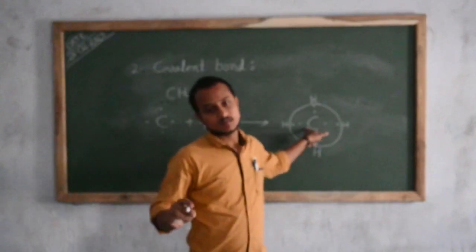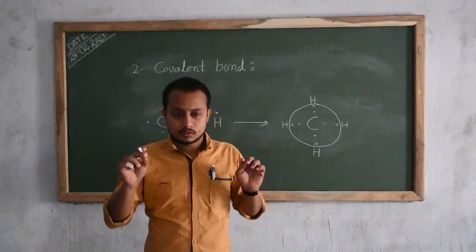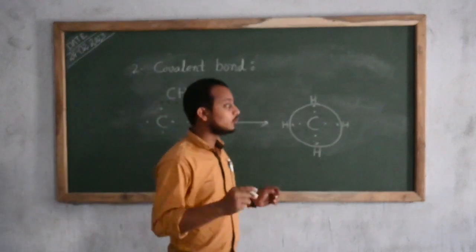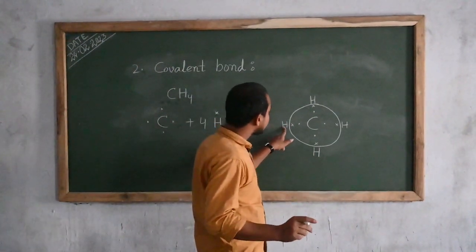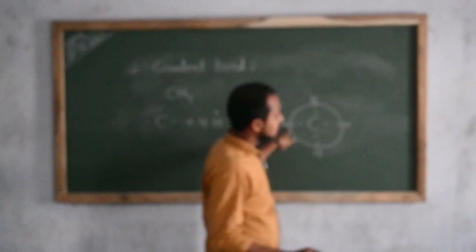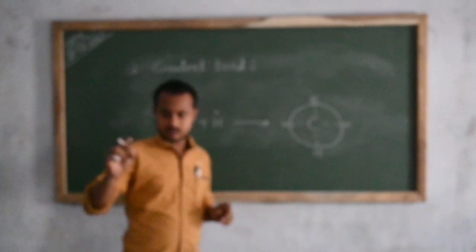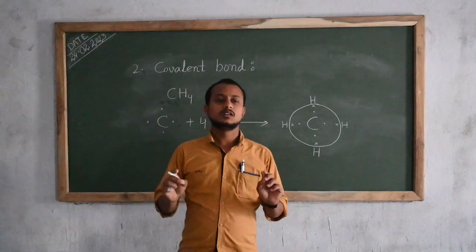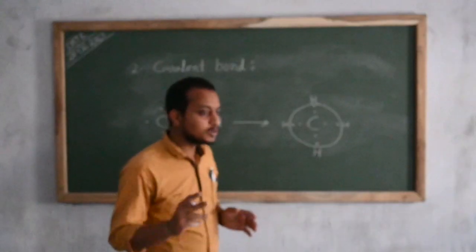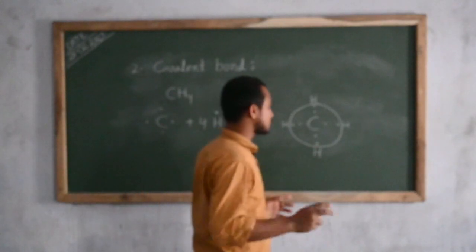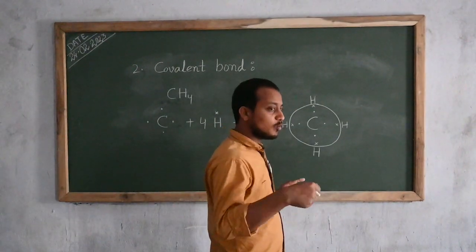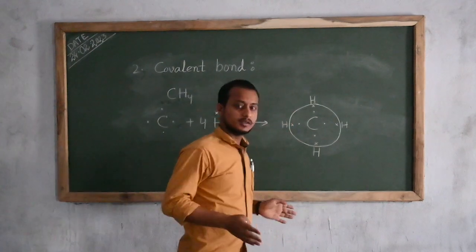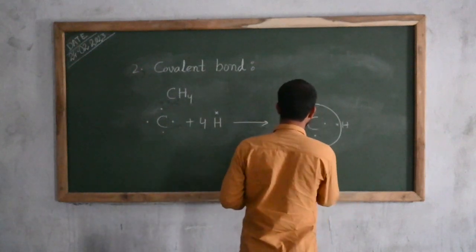Now carbon is satisfied. Now it's the hydrogen atom's turn. For hydrogen, the nearest noble gas is helium, which has 2 electrons, so hydrogen has to capture 1 more electron to fulfill its electronic requirement.